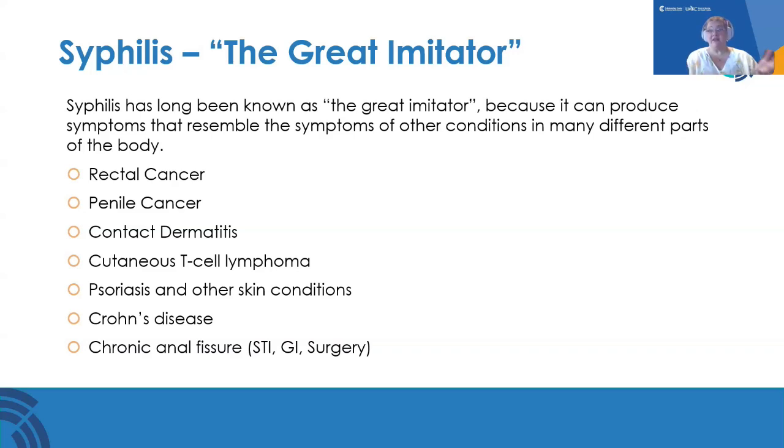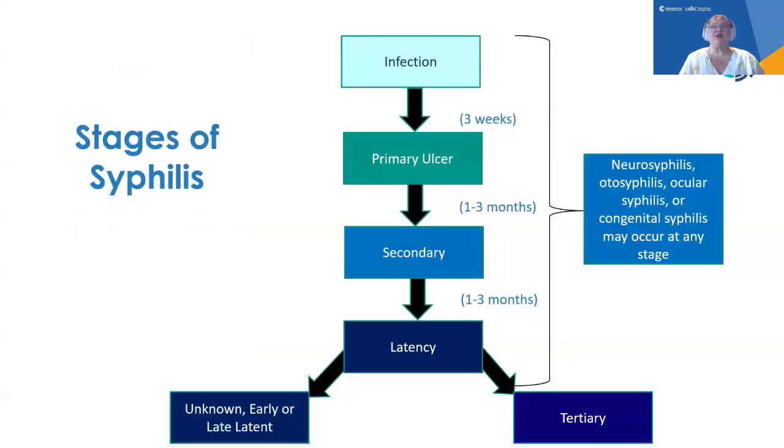I've actually seen it treated as contact dermatitis, where they go to the dermatologist and are given some Celestone and maybe some cream, and it goes away, and the patient thinks they're all good when no, actually they still do have symptoms. Psoriasis and other things. As we go through some of these pictures, you'll be able to see how that could be easily misidentified if you're not really thinking about it.